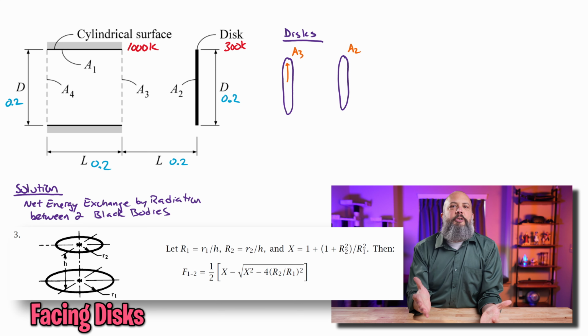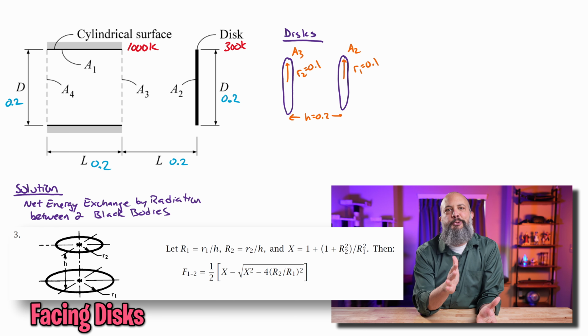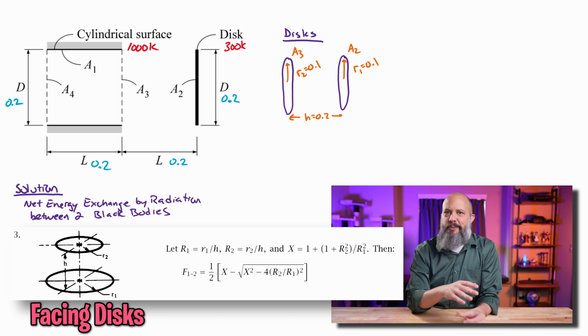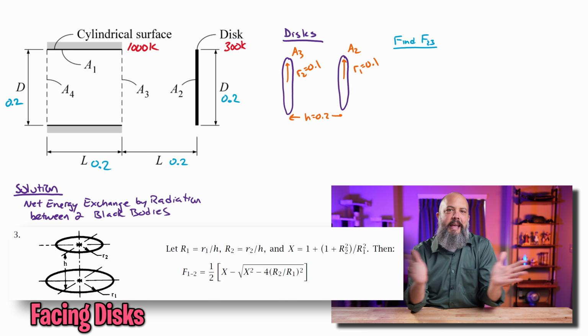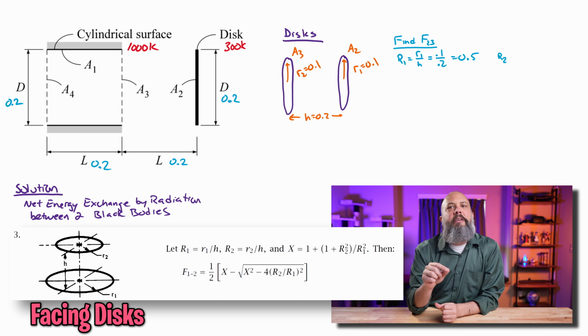All right, so from my table, I'm going to label my two discs here, A2, and I'm going to call this R1 just to match what's in my table, and then R2 will refer to A3. So both the radiuses are 0.1, and H, the distance between them, is 0.2. So I find capital R1 is 0.5, capital R2, 0.5.